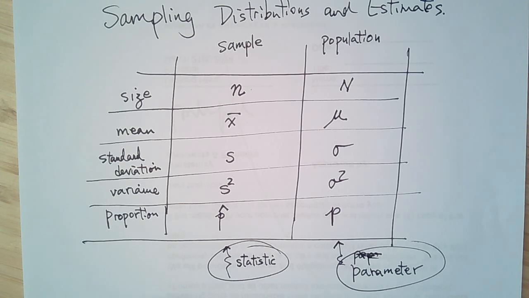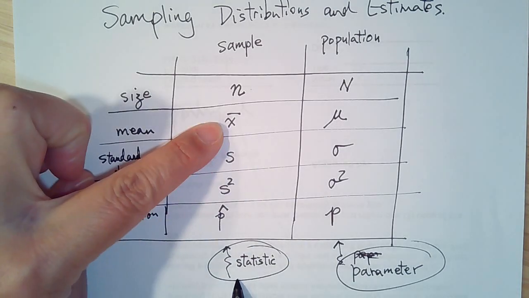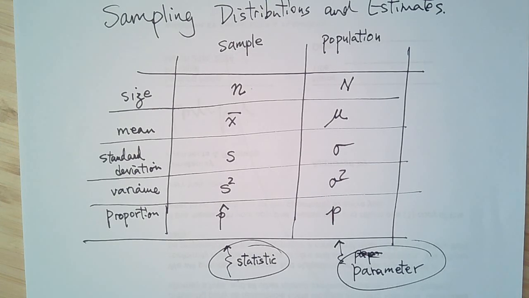Now the next one we want to know is, what is the sampling distribution of a statistic? For example, the sample proportion, the sample mean, the sampling distribution of x bar. Now, let me tell you this.